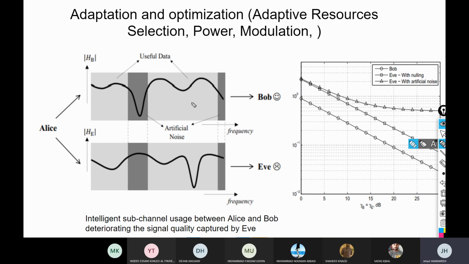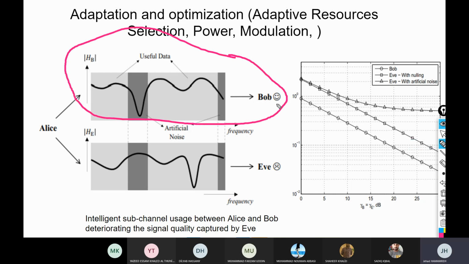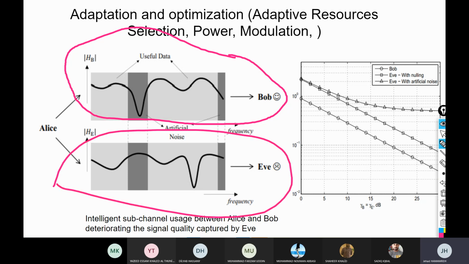If you look at this region here, the channel response of Eve is better than Bob's, which means the amplitude of the channel is higher. So any signal you send over this subcarrier, or in this region, will not reach Bob properly because the channel is already in deep fade. If you took a wireless communication course, you know that if the channel is in deep fade, then your data will be lost most of the time. You cannot recover it.